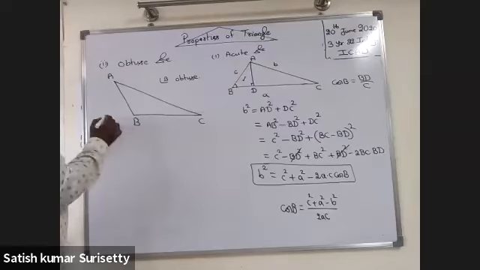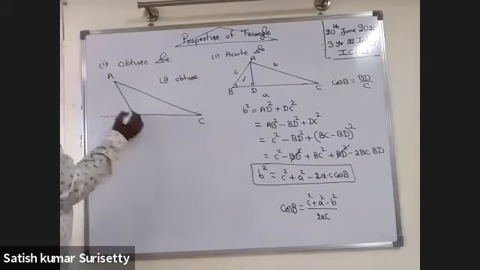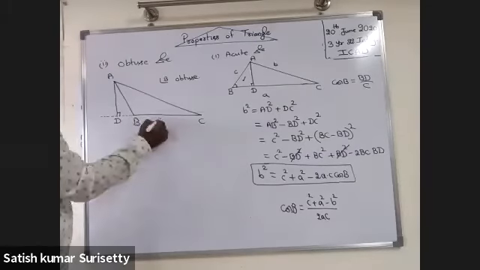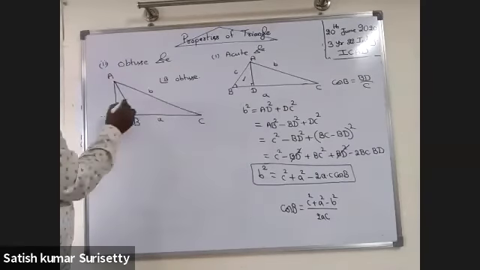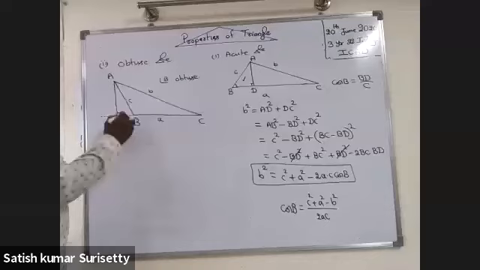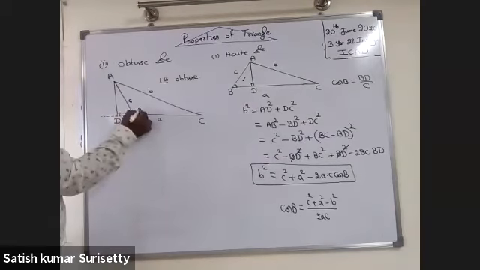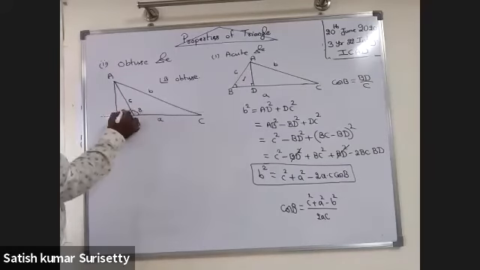Again draw the perpendicular from A to BC. So this will be small a, small b, small c. So try to do exactly in the same manner. So this angle is B and this will be 180 minus B.